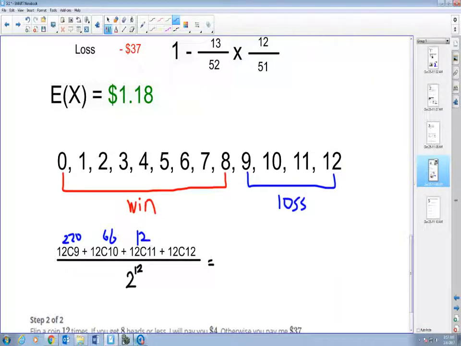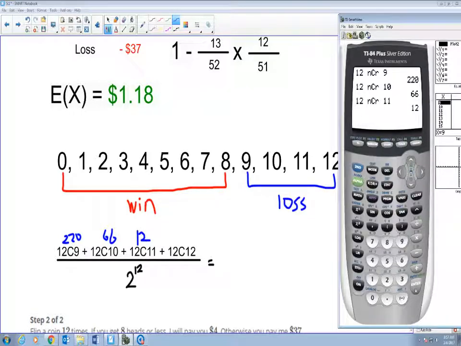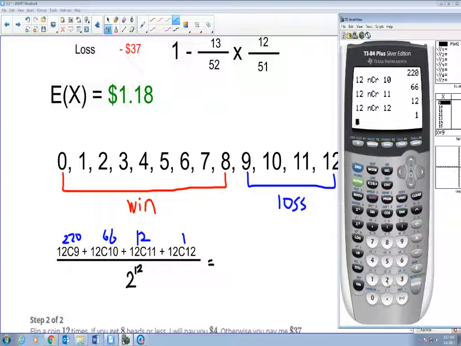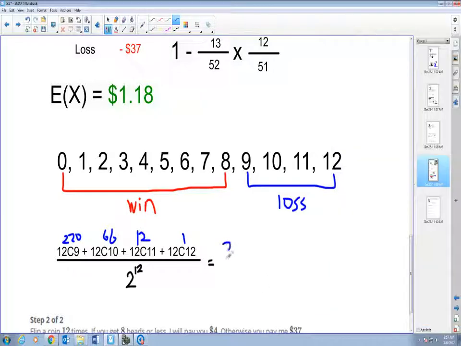And 12 choosing 12, that'll be 1. Alright, I'm going to add these up, all the ways of losing. So I got 299 ways to lose out of 2 to the 12 power.